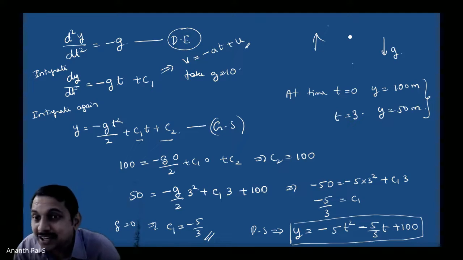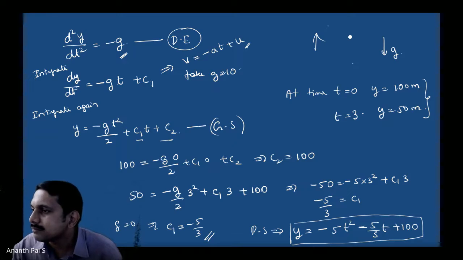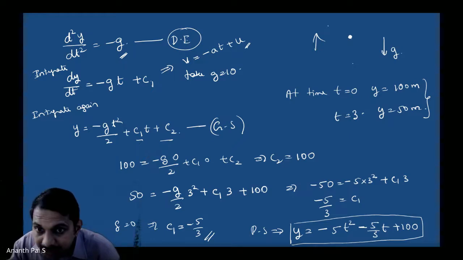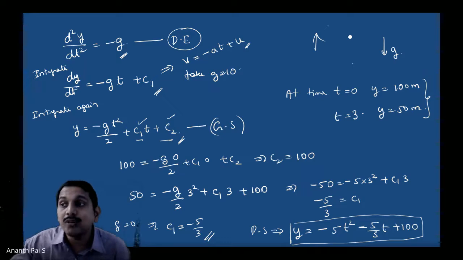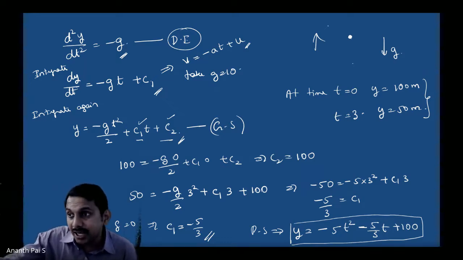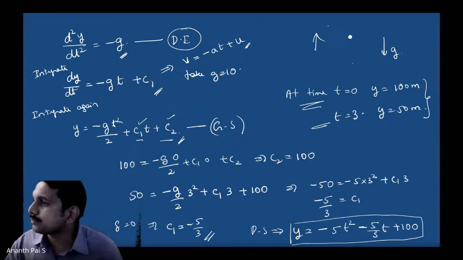What is the governing equation? That acceleration is minus g. We have integrated it, we have got this. Again integrating, we have got this. These are arbitrary constants. How do we find arbitrary constants? We find them using the boundary conditions.